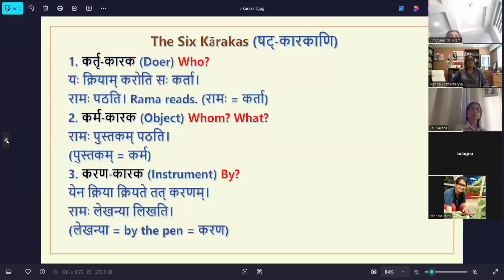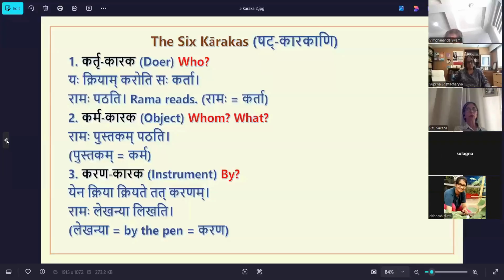Rama lekhanya likhati. Rama is writing with a pen. So, by, with what? By, with, all these questions are answered by what? Lekhani. The word is lekhani.